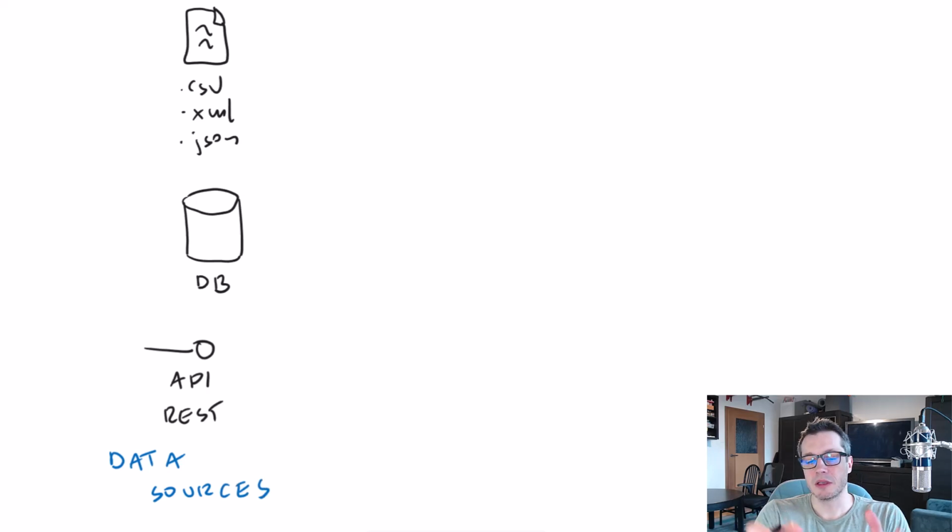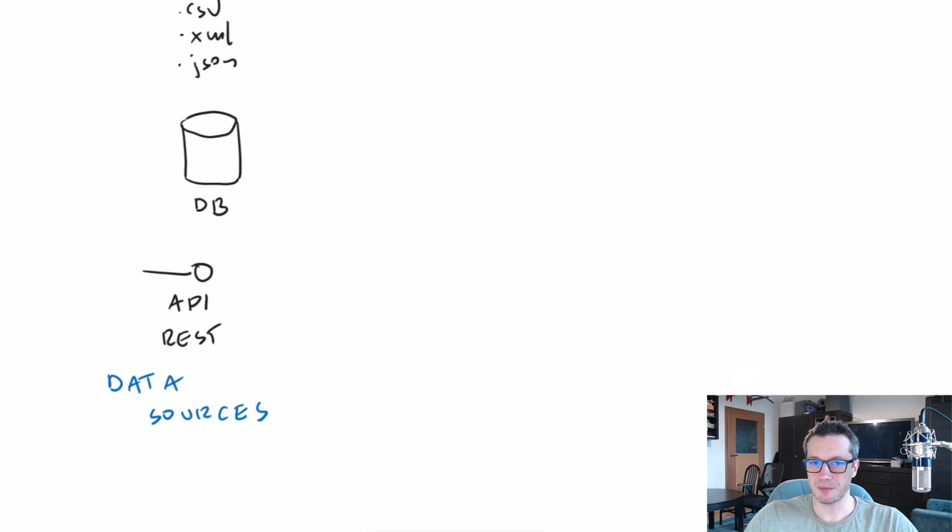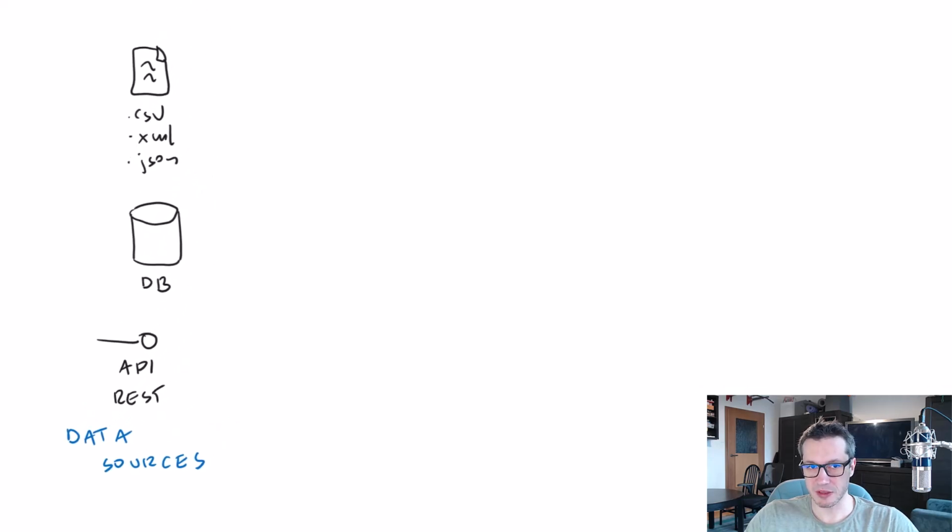And we know that we don't want to query those data sources directly. We don't want to build our reports on those sources for various reasons that were covered in one of the first episodes. So what we are doing in our BI solutions is to grab this data and load it somewhere into Azure.